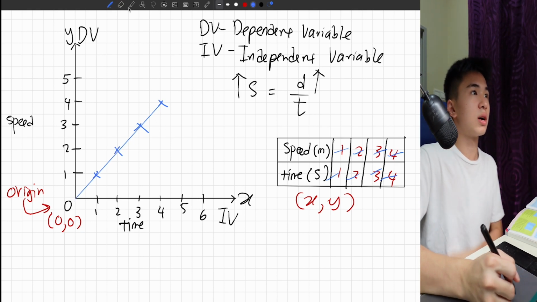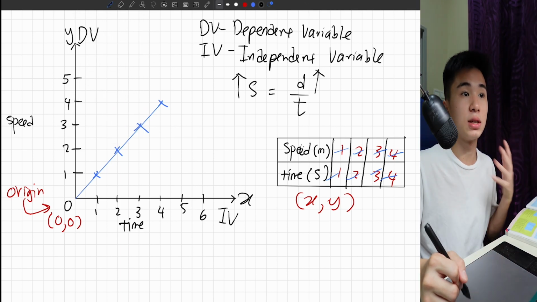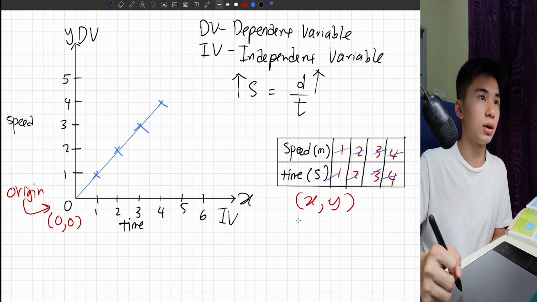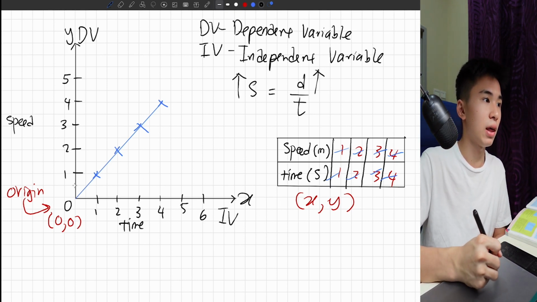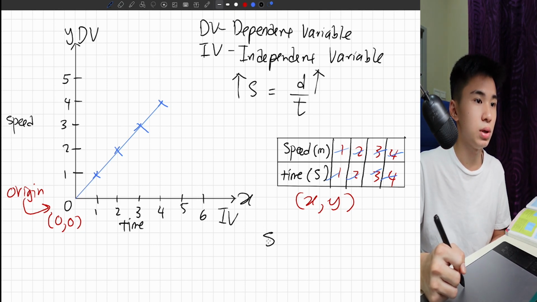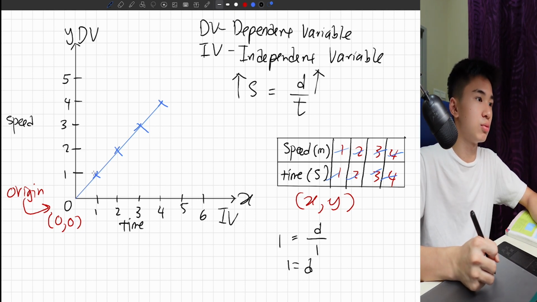The characteristic of this speed time graph is that if we have the speed and we have the time, we will find the distance, right? Right here, we can work it out. We can find the distance at this point. Speed is 1, equals distance over time, so it's going to be 1 as well. So right here is going to be 1 meter.